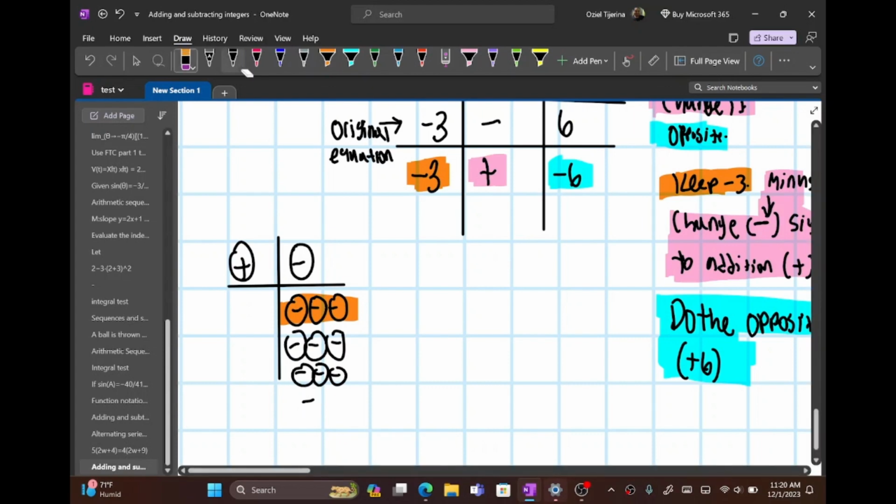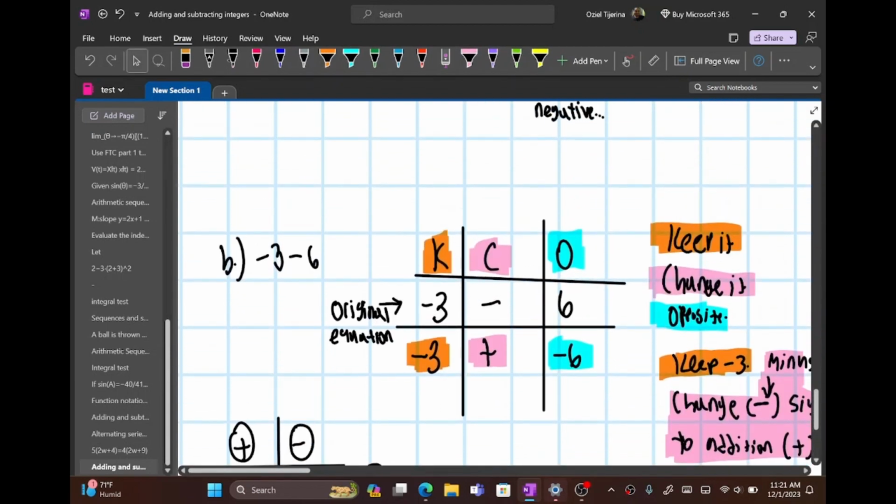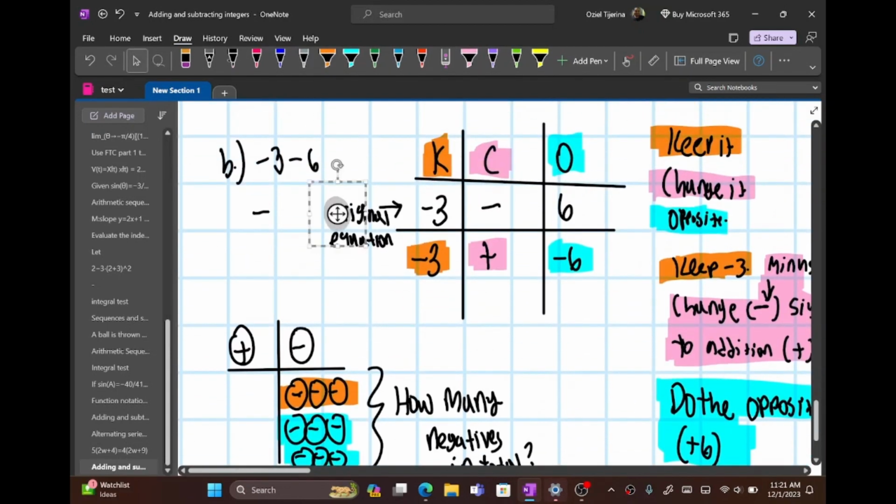Then you ask yourself how many negatives are in total. So we count them: 1, 2, 3, 4, 5, 6, 7, 8, 9. There are 9 negatives, so this is negative 9.